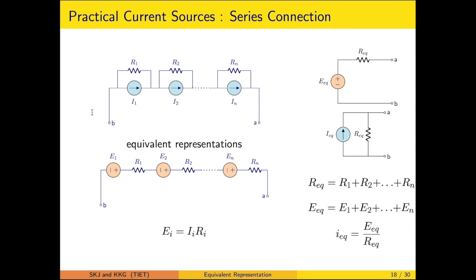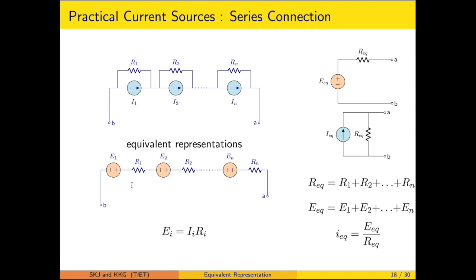Now we can form the equivalent voltage source representation of this current source. E1 corresponds to I1 R1. In this way you are able to represent the series connected current sources as equivalent voltage sources.